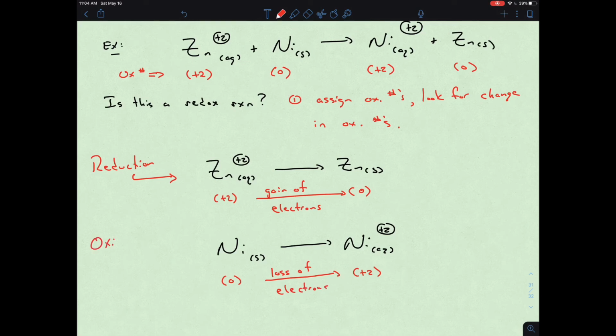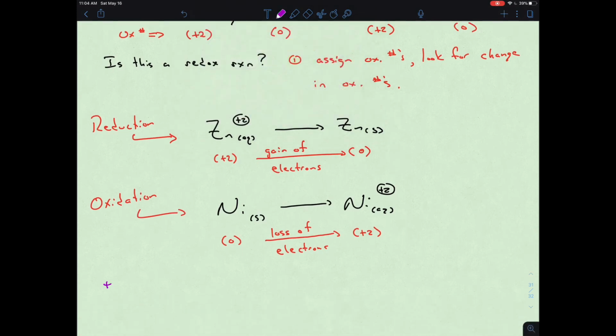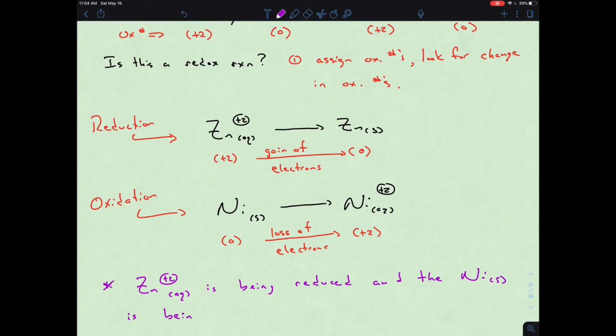And so that is our oxidation. So the zinc +2 is being reduced, and the nickel is being oxidized because of that change.